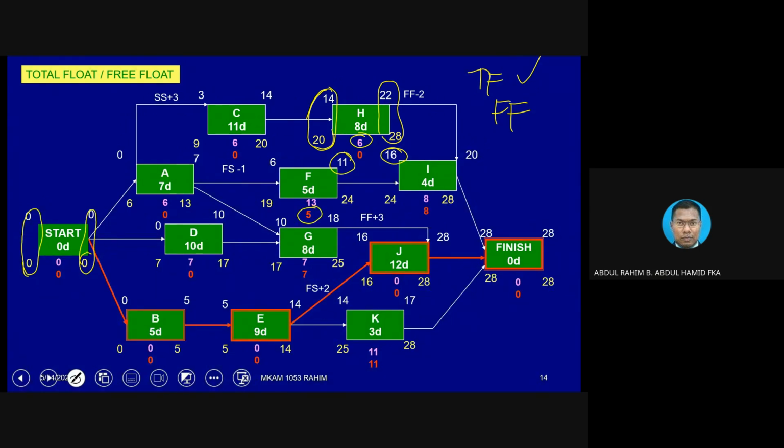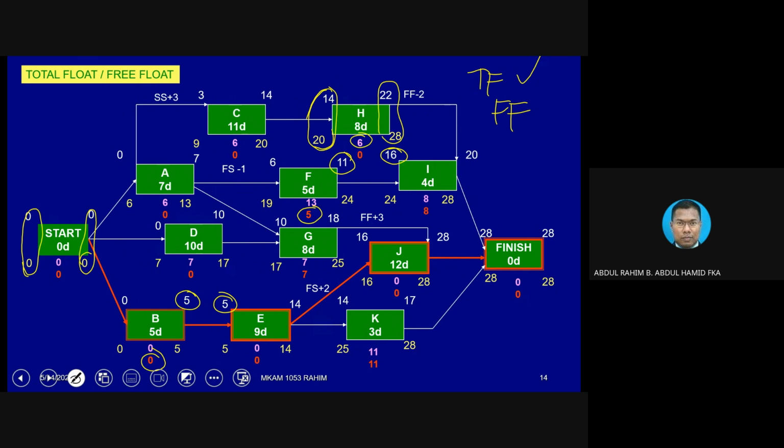Okay, that is very easy to calculate. Straight away, you can do that. Okay, let's take between B and F. Again, 5 minus 5. Of course, you get 0.